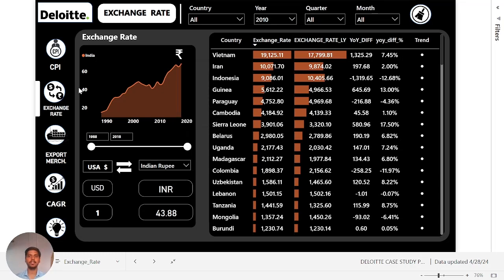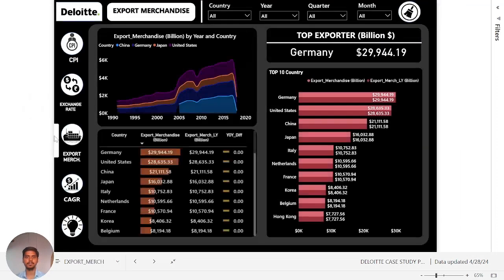Let us move to another economic term, that is export merchandise. In export merchandise we have country name, year, quarter, and month, whatever you want to select from the slicers. On the left side you can see that we have export merchandise in billion dollars. As we know, there are four export merchandise giants: China, Germany, Japan, and United States.